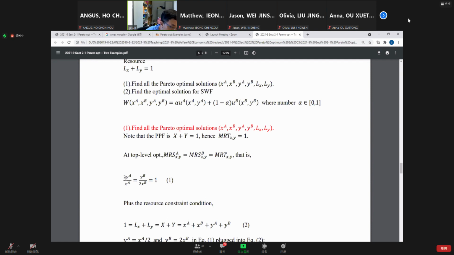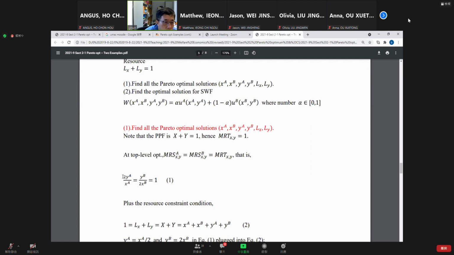That means at the so-called top level optimal, we have some very good relationship between how much x Alice should consume and how much y Alice should consume. So these two numbers have a ratio between them, equal to 1, also times 2.